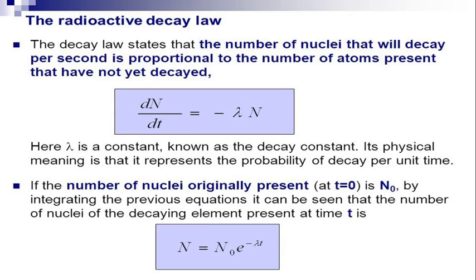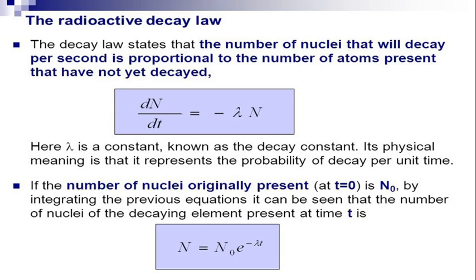Changing the proportionality, we have to add a constant. So dN by dt is equal to minus lambda into N, where lambda is a constant known as the decay constant, or it is also known as disintegration constant.